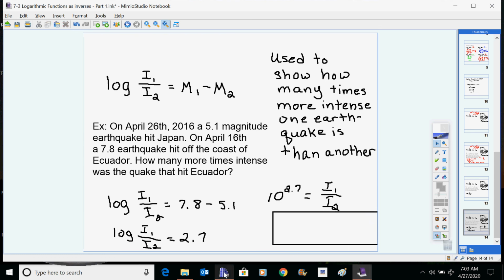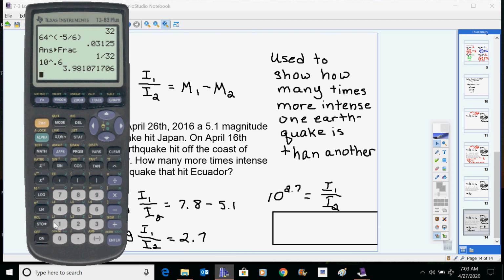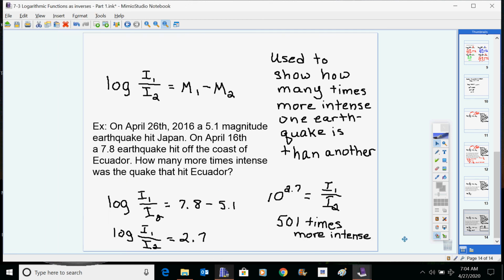And when you figure out how much 10 to the 2.7 power is, we get over 500 times stronger. So the one that hit Ecuador was 501 times stronger than the one that hit Japan.